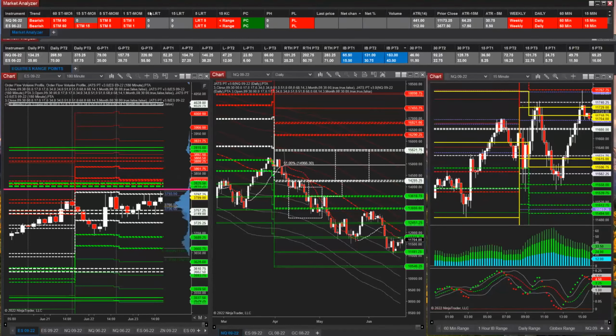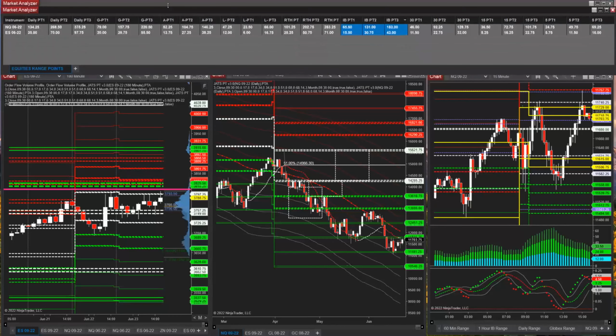And that helps keep me focused on a direction, especially when price is going crazy up and down, which directions I should be trading in. And this is the key to everything.